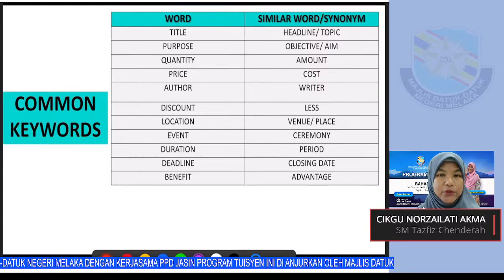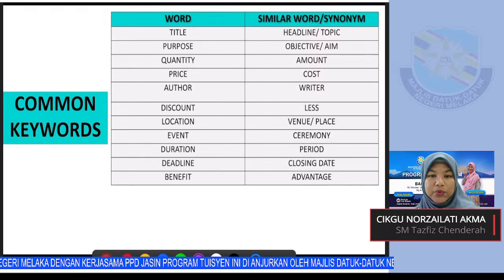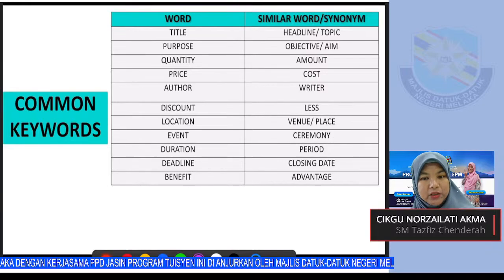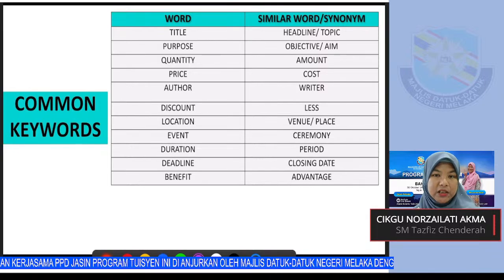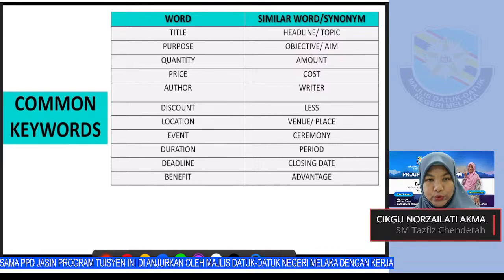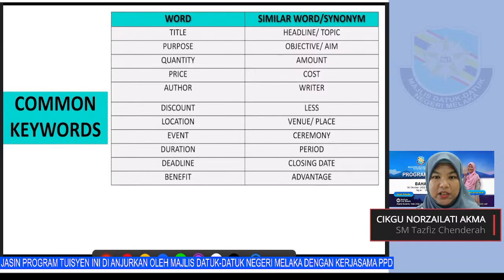Moving on, we have the word quantity. The word appearing in the question might be amount. The price, similar word will be cost. And author, a synonym to writer. Discount, everyone loves discounts, right?